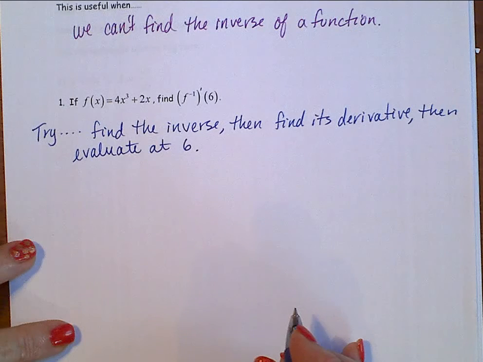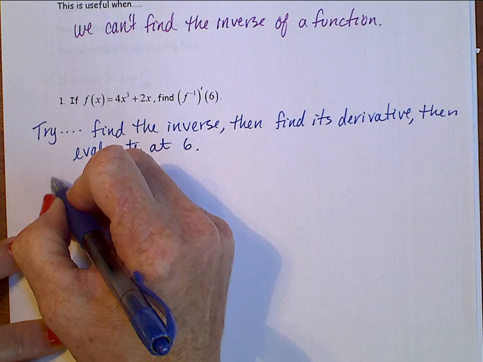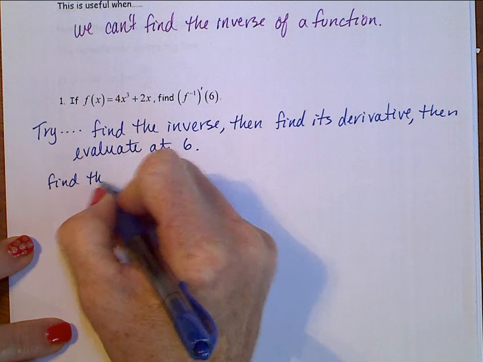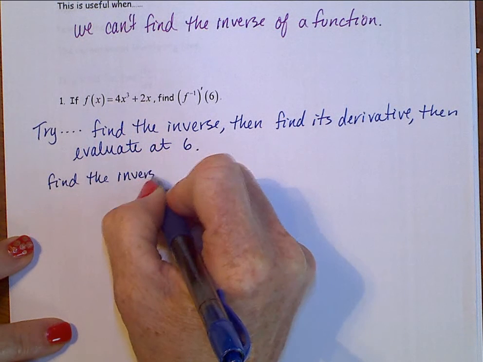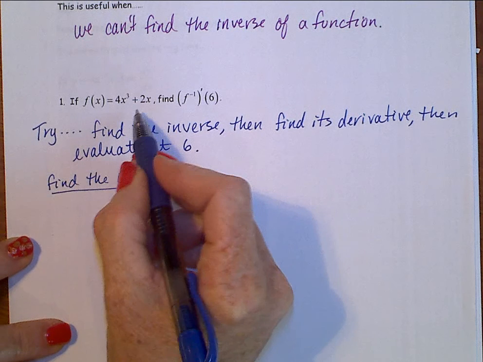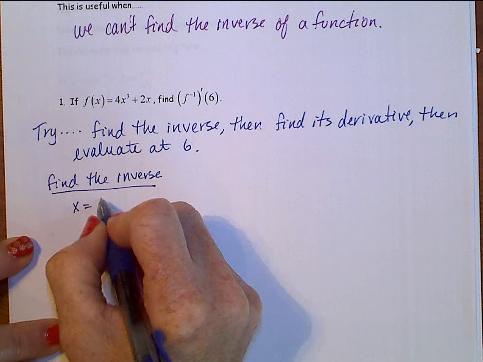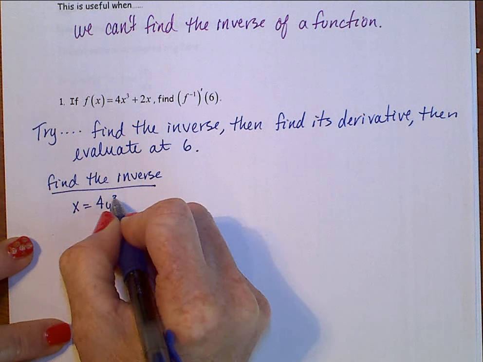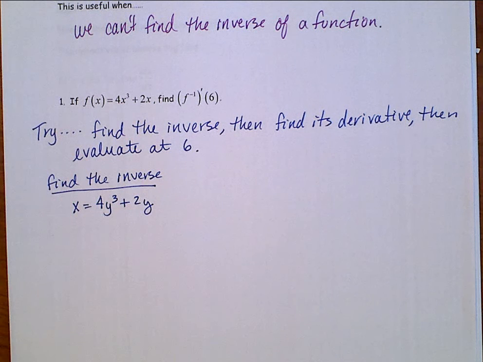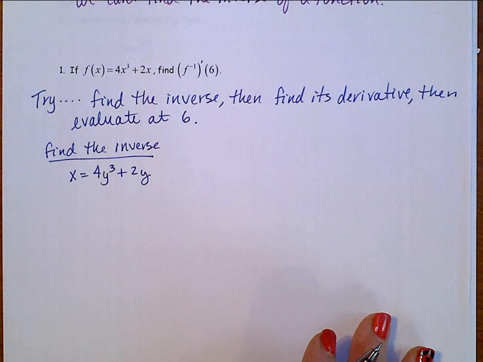So first we'll try to find the inverse. Switch the x and the y: x equals 4y cubed plus 2y. And we try to isolate the y, getting only the y's on one side and everything else on the other side.